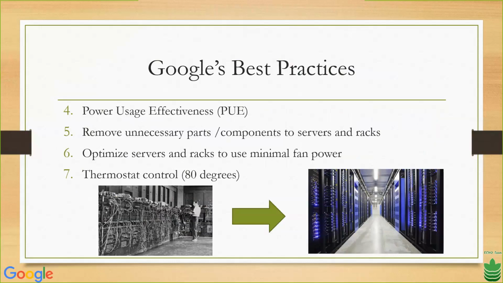And from a perspective of video cards, a lot of these little video cards are installed in servers and racks, and they have their own little fan on it. So if we can remove those, again, we're reducing some of that energy, reducing those fans, which really leads into the next point here, which is ensuring that we're optimizing the fan power.